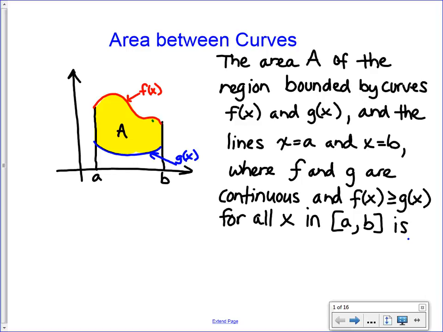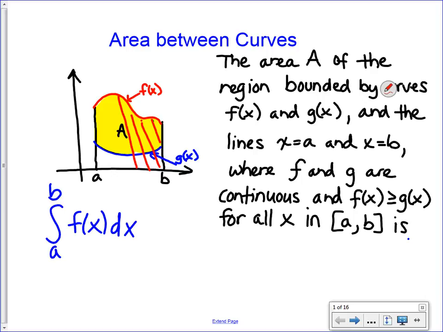Now, from A to B, remember that the definite integral will find the area between the function and the x-axis. So for instance, if we integrate from A to B the function f of x dx, that would basically give us all the area between the graph of f of x and the x-axis, okay?